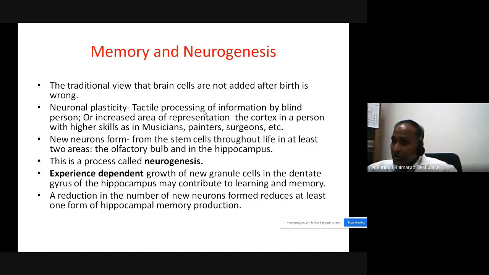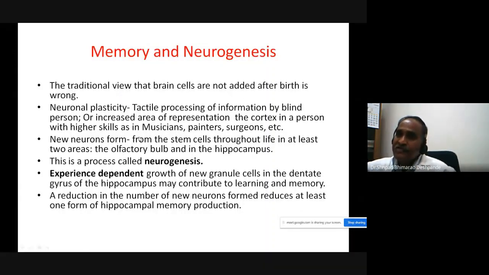Or if tomorrow you become a great surgeon, that is again a skill, so your area will expand. Or as a teacher, if I had recorded my teaching abilities when I started 40 years back, now they could have expanded in my brain, the area of representation. So this is called neuronal plasticity.